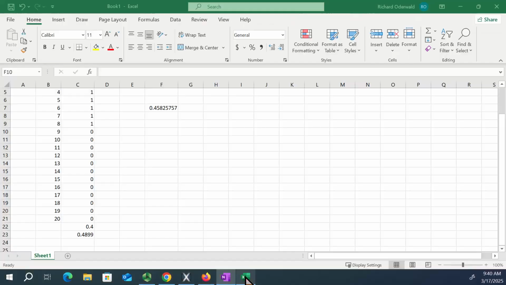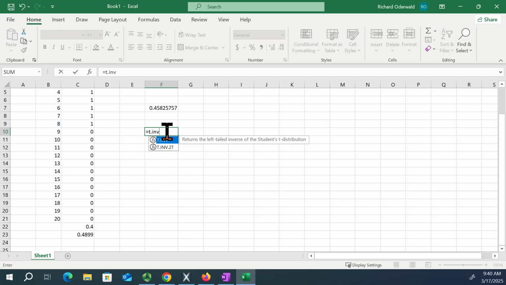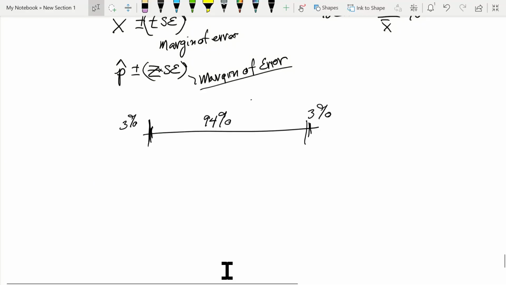Let's get the Excel, and it will tell you what it wants. Equals t.inv. It wants a probability and a degrees of freedom. The probability, I've got two choices. What are my choices? Here's my confidence interval.